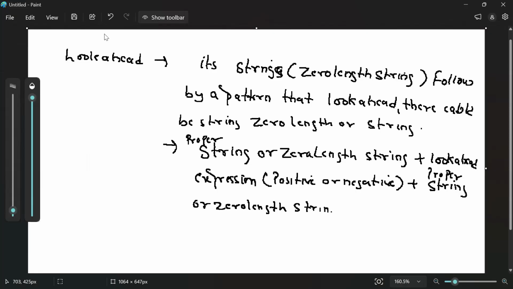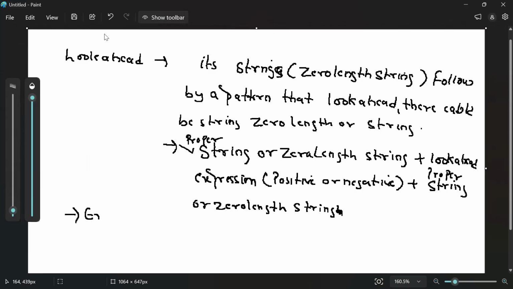So proper string means string. When I say proper string, I mean a string having a length more than zero.